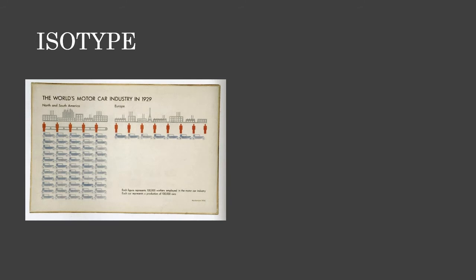Here's a spread showing how they used the ISOTYPE pictograms to display data, like I was talking about earlier. To quote Neurath, he says, "Especially important part in the ISOTYPE system, as it is presently used, is taken by the pictures giving statistics or the relation between amounts of different things.